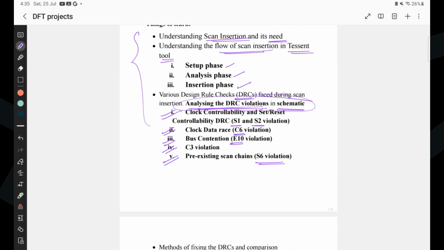Learning to use Tessent as well as Synopsys is also required, but in our course we will be making use of Tessent tools. If you require Synopsys tools, you can contact the institute management.